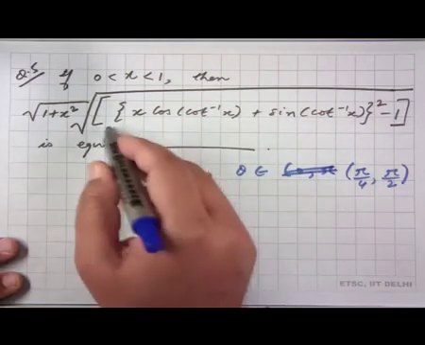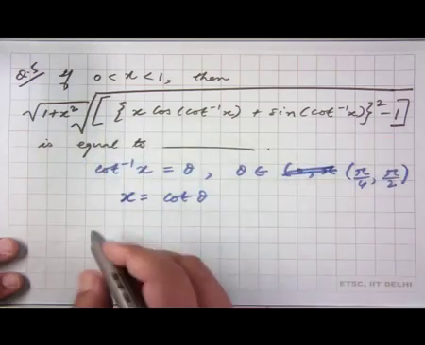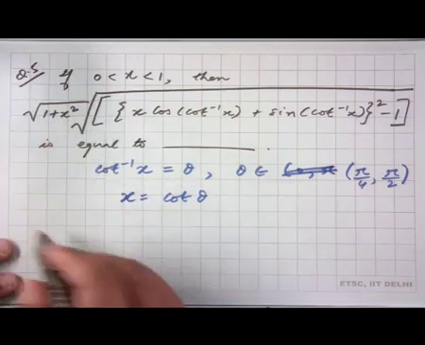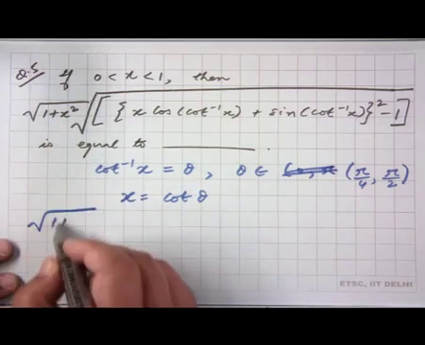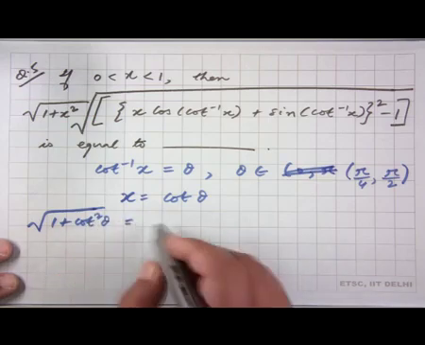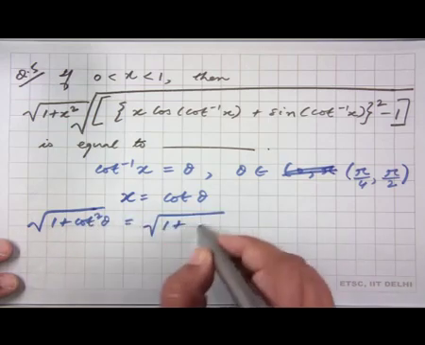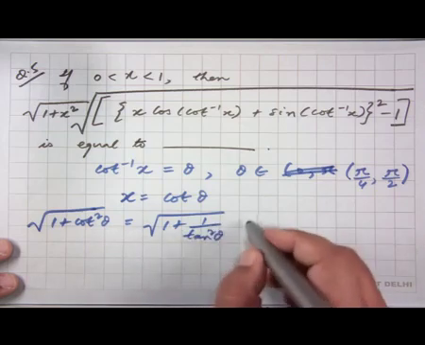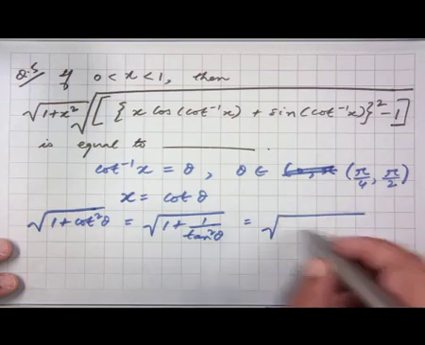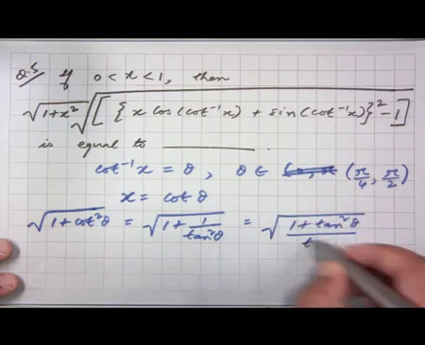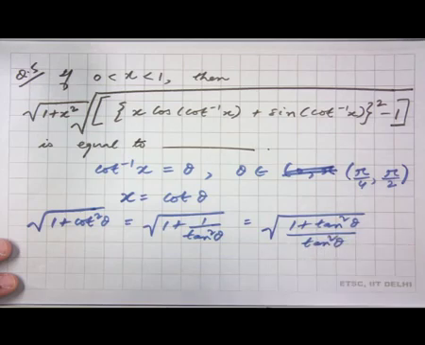So, this root of 1 plus x square becomes root of 1 plus cot square theta, which is root of 1 plus 1 over tan square theta, which is equal to root of 1 plus tan square theta over tan square theta.